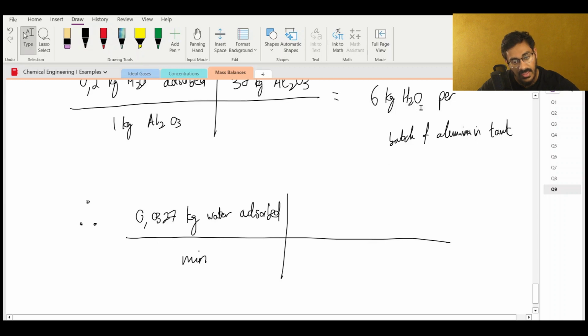Okay? And my one batch of alumina is doing 6 kilograms of water. So in 1 minute, I'm absorbing 0.0327. Let's just simplify that. That's 32 grams. So in 1 minute, I'm doing 32 grams. How long will it take me to get to 6 kilograms?